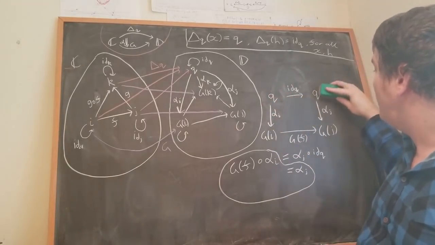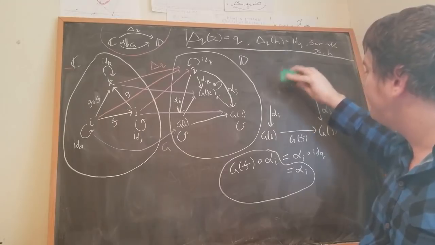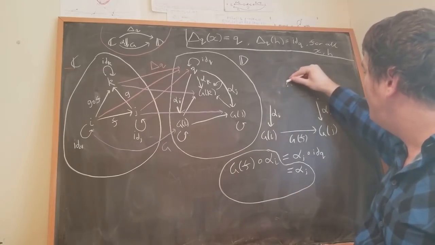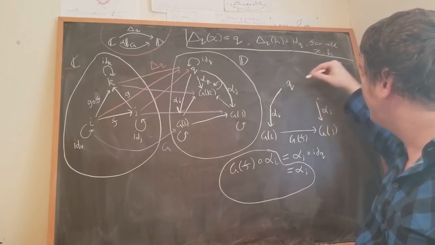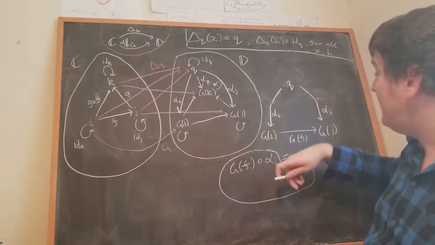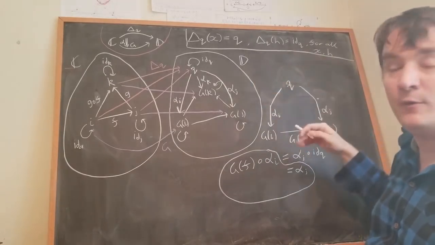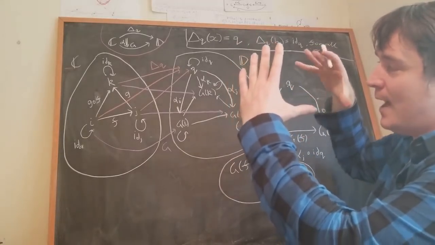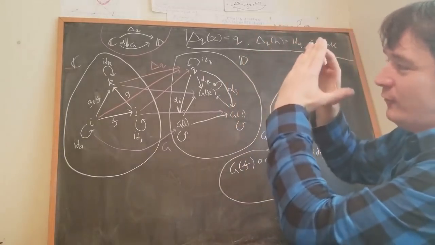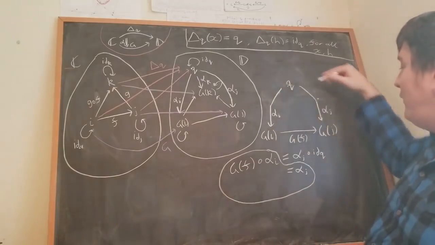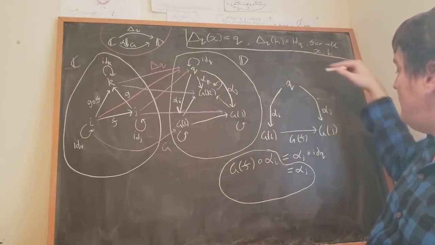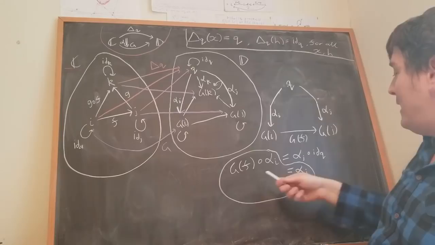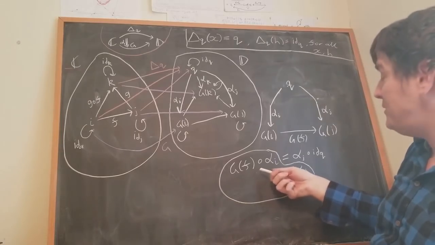If we just collapse this diagram and put Q up there, and we say that now this triangle has to commute, so we got our commuting square and then squashed the top together, we can just say that this triangle commutes here. And that's just what we've written in this equation.